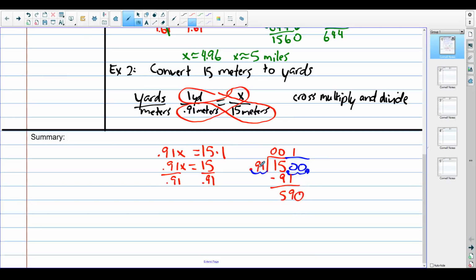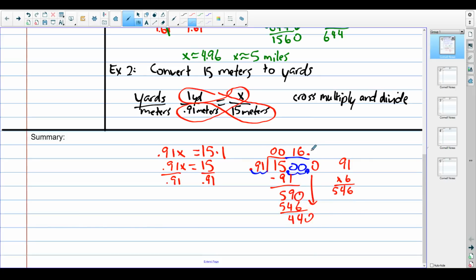Okay, 91 into 590 is 6 times, I think. 91 times 6 is 546. So that gives me 44. We add our decimal and a 0.